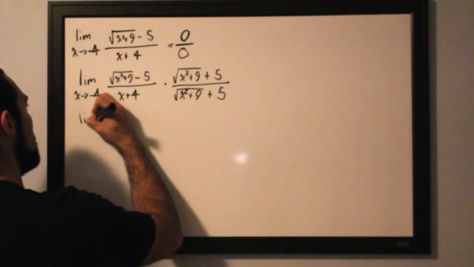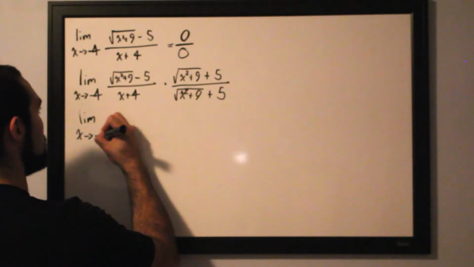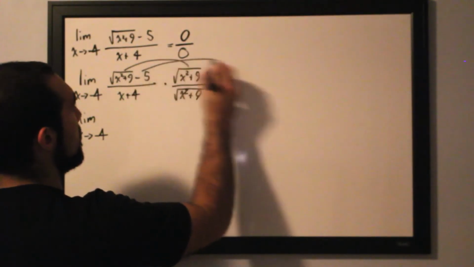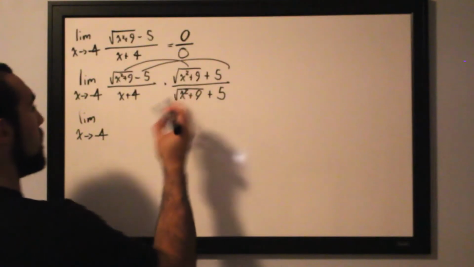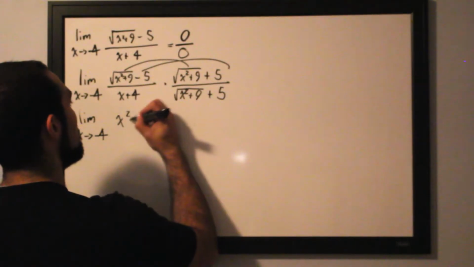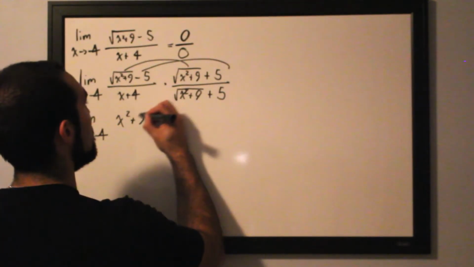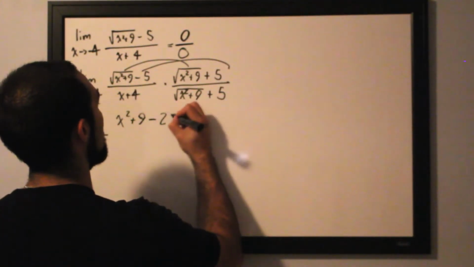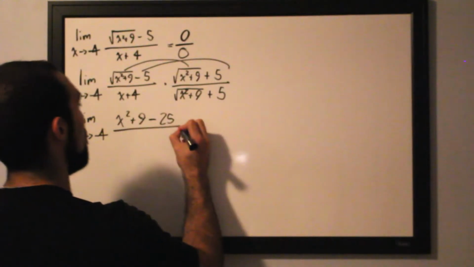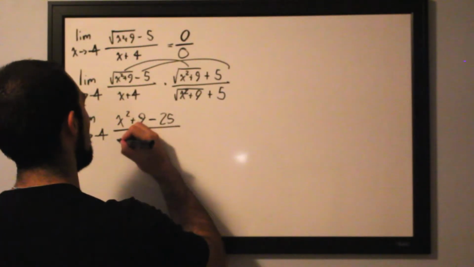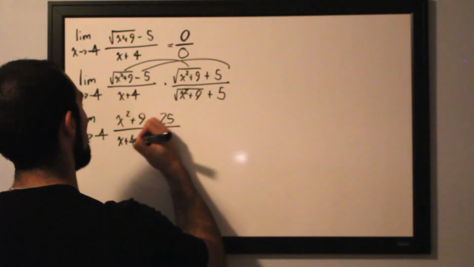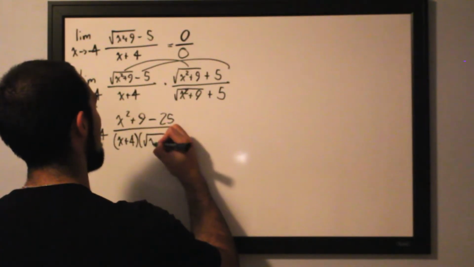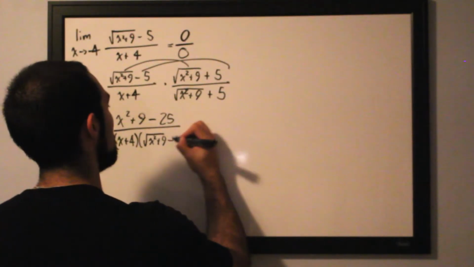So we're going to take the limit as x approaches -4, and this is going to be distributed like this. This is going to come to x squared plus 9, and then -5 multiplied by 5 is going to come to -25 over a common factor of x plus 4 multiplied by the square root of x squared plus 9 plus 5.